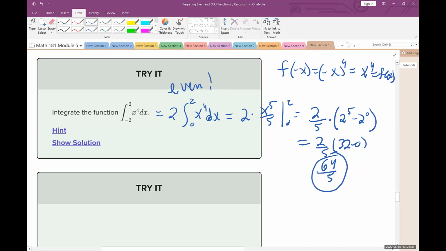Am I on the right page? And there's one more problem. Isn't 2 to the 0 1? Oh, you are right. Yes, 2 to the 0 is 1. That was my mistake. I should be looking at my notes. Minus 1, so it'll be 62 over 5.